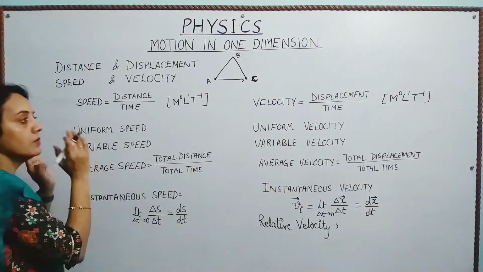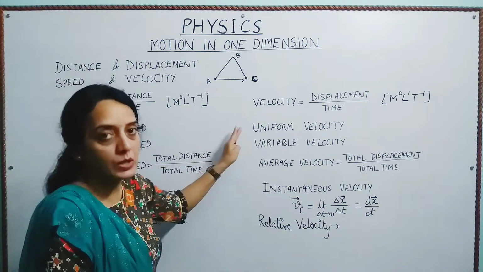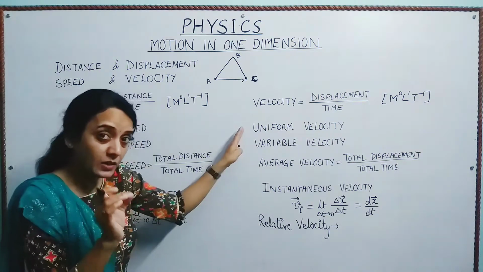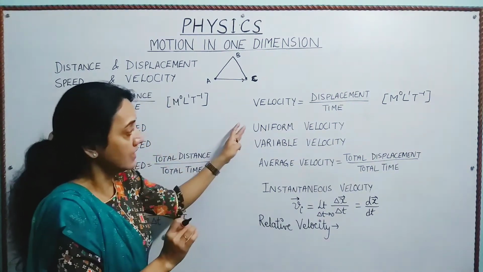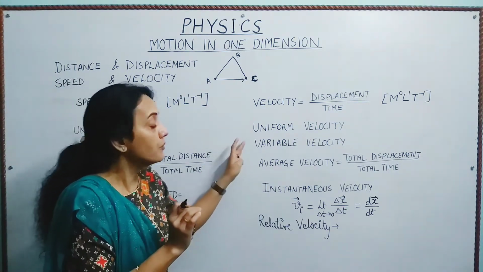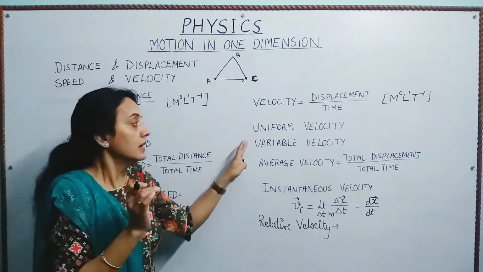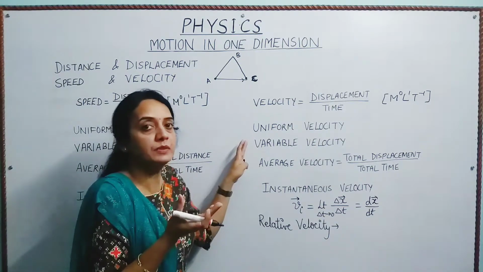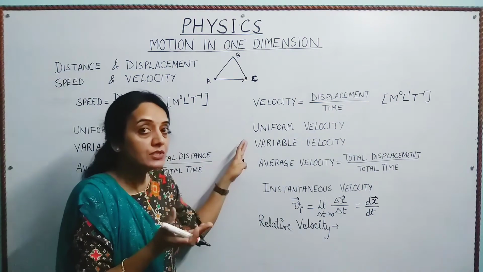In the same way we have these terminologies. Uniform velocity: when a body covers equal displacements in equal intervals of time, then we say the body is moving with uniform velocity. Variable velocity is a condition where either the speed of the body is changing or the direction of the body is changing.